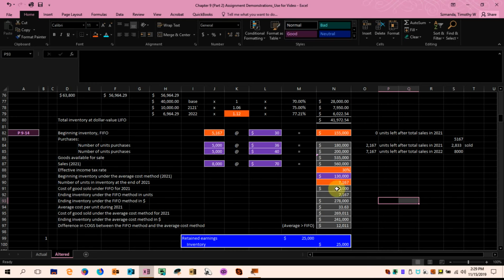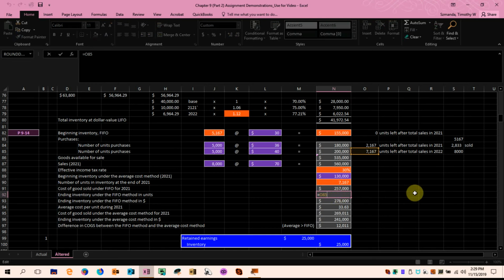All right, now that I have my cost of goods sold under FIFO, I can determine what my ending inventory is under FIFO. And I do that by subtracting, or deducting, what was sold from what was available. So I have my ending inventory calculation here, which is taking the 2,167 left in the $36 layer.